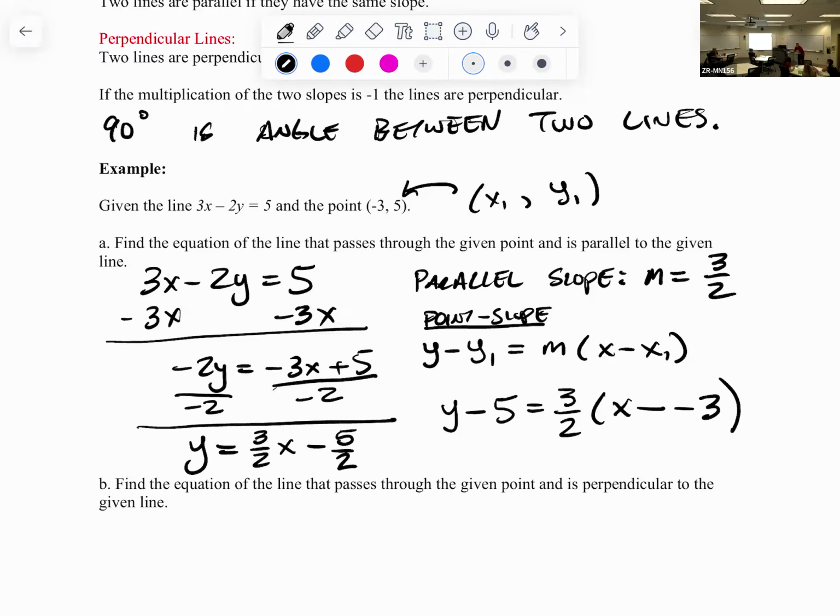Did it say find y equals mx plus b? No. That is a perfectly valid equation of the line. Also, we're not graphing, so I might as well stop when I have my work done. Knowing where to stop saves you time as well. Maybe on the next one, we'll solve it all the way. But knowing where to pause is just as important as anything else.